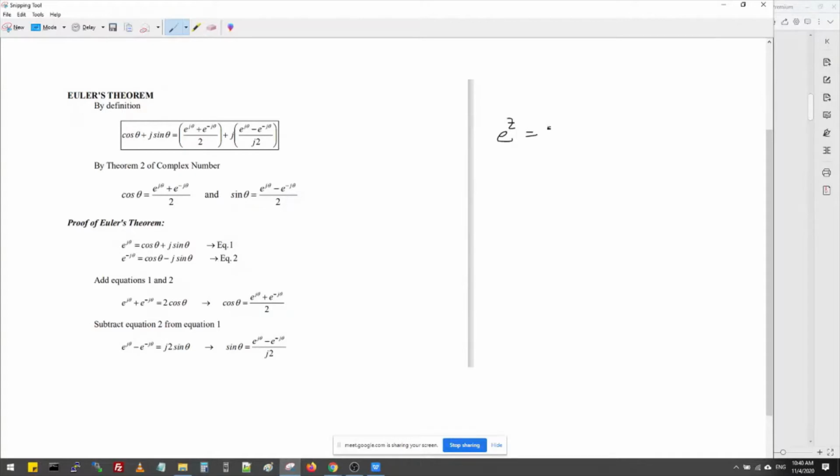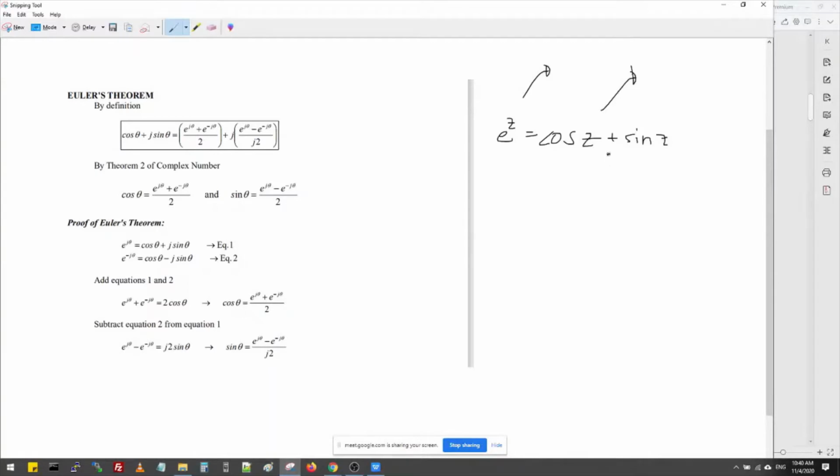Actually, this e raised to z is the sum of our cosine z plus sine z. Do you remember this from our complex functions? So they are equivalent. This is exponential and this is trigonometric.